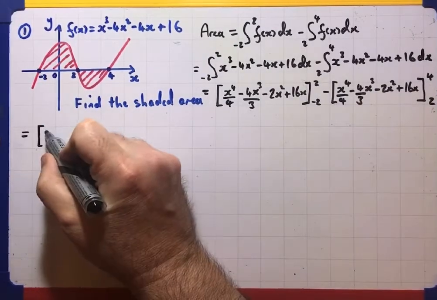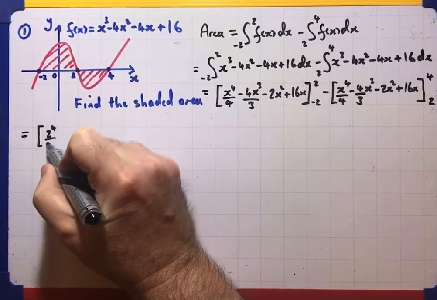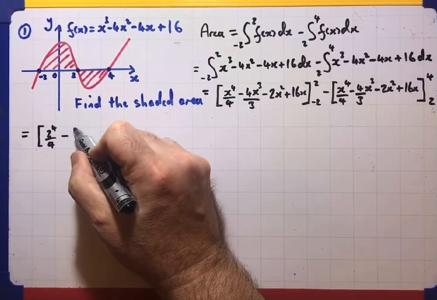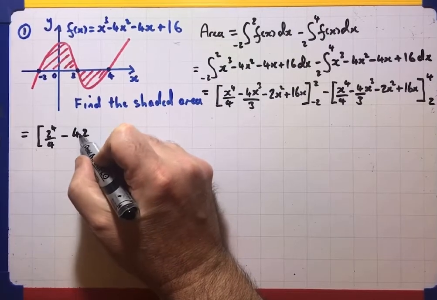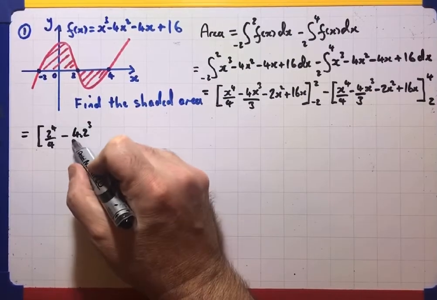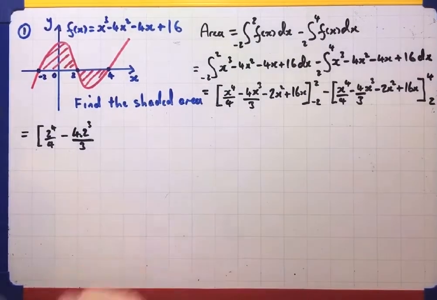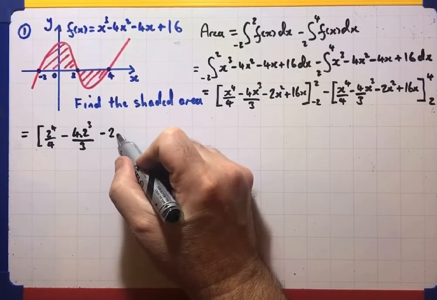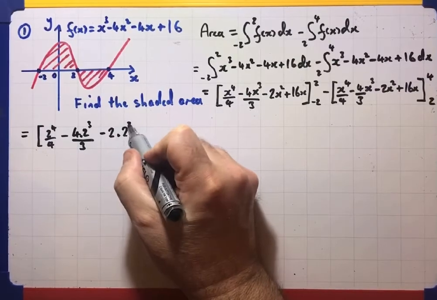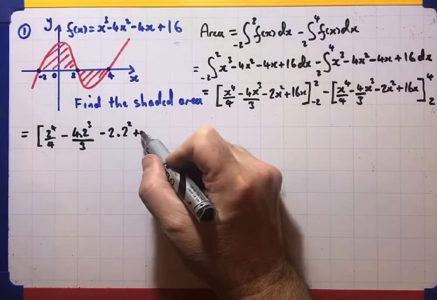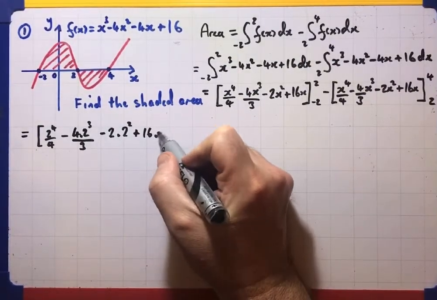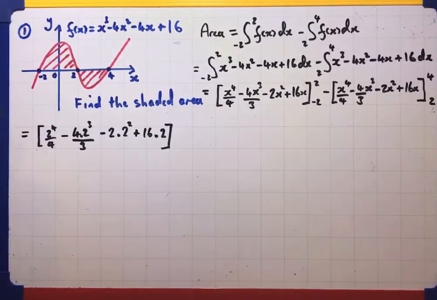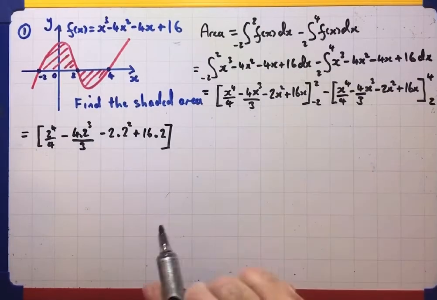So it's going to be 2 to the power 4 over 4 minus 4 times 2 to the power 3 over 3 minus 2 times 2 squared plus 16 times 2. So that's the first bit with 2 put in.